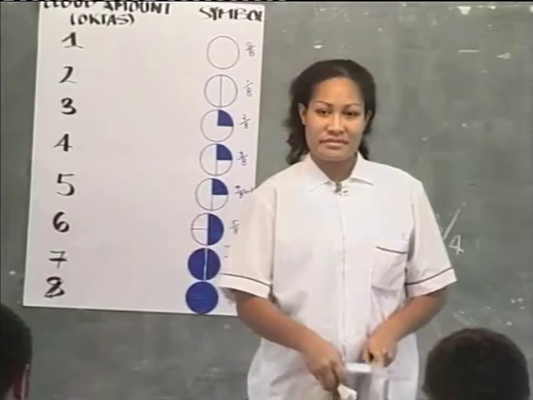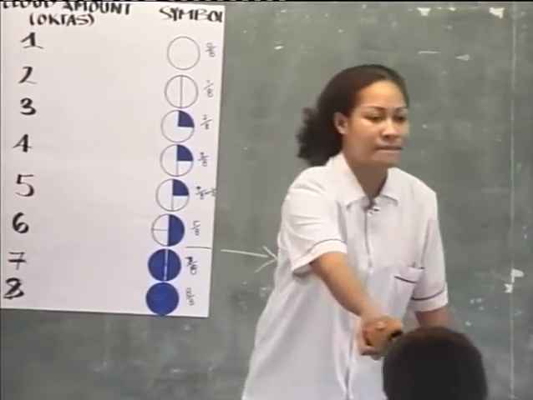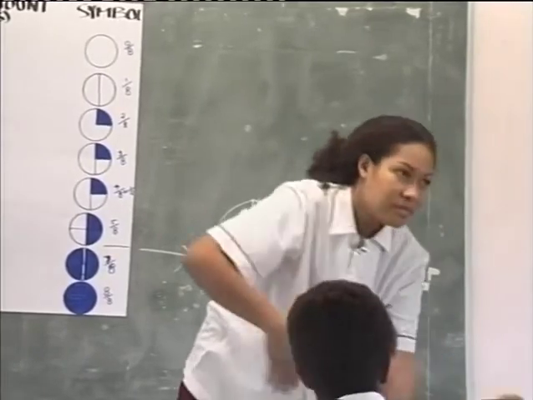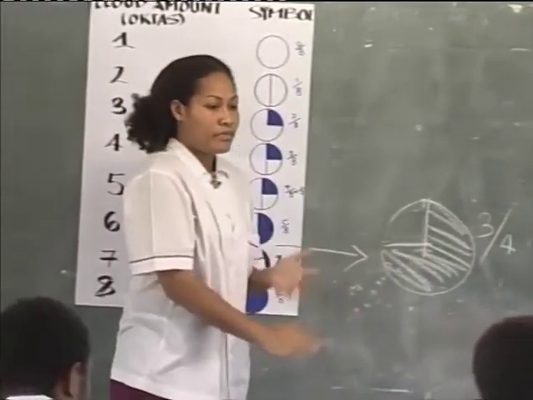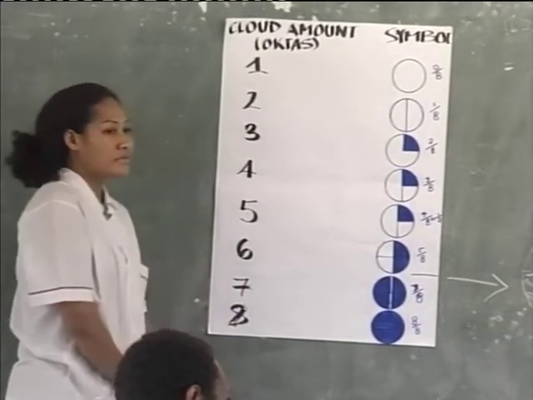Any questions for that group? Okay, there's a question up front. Yes, Val? How can you tell if it's 3/4 or full cloud cover?